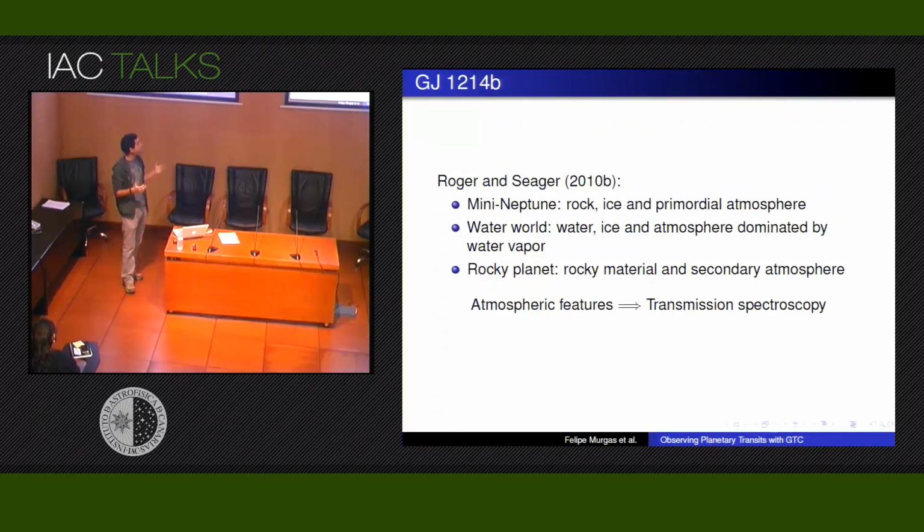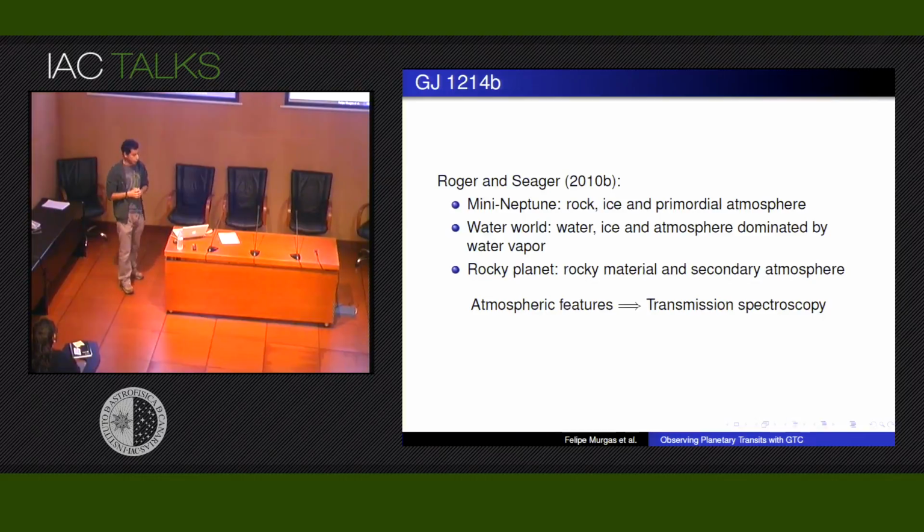It could be either a mini Neptune, a rock and ice core with a primordial atmosphere, or it could also be a water world with a big ocean and water vapor in the atmosphere. All of this is based on just the radius and the mass. Or, based on the density, it could be a rocky planet, with rocky material and a thin secondary atmosphere.